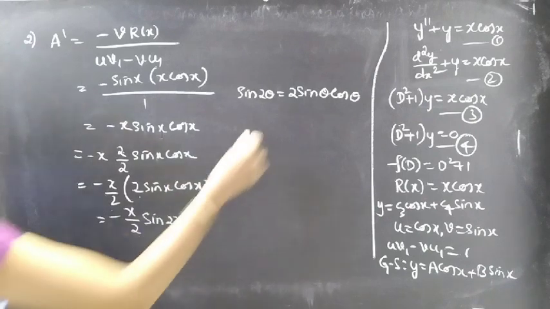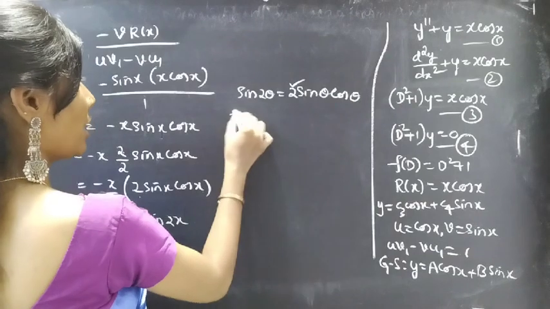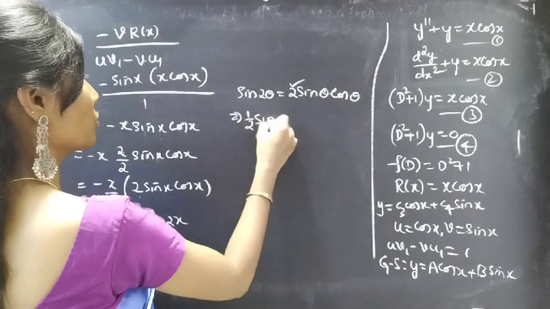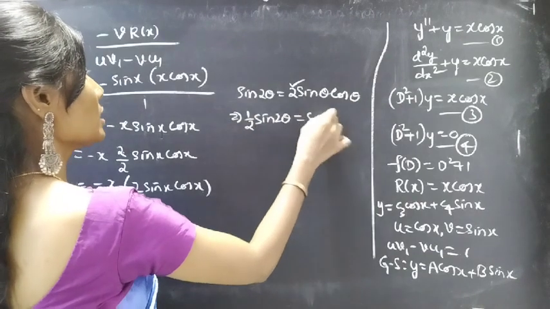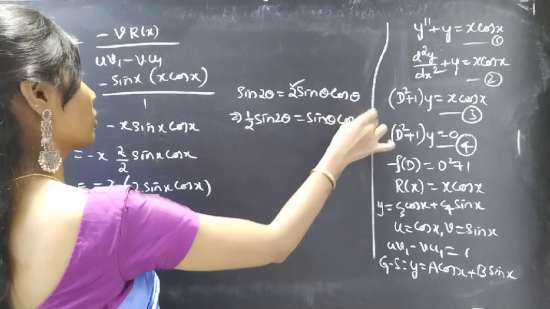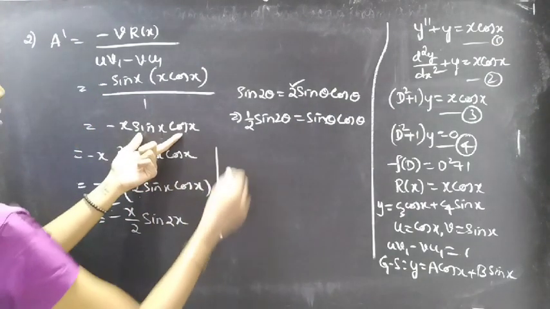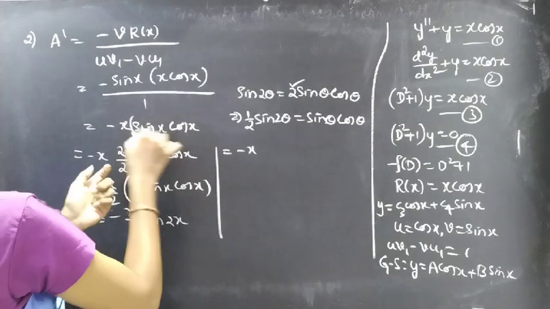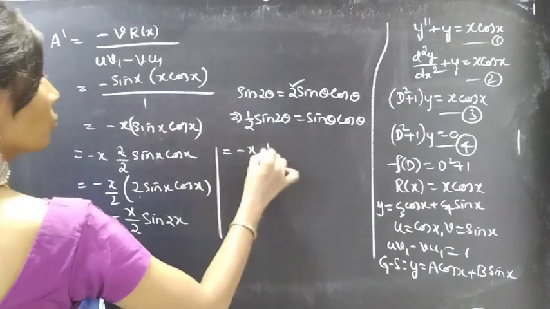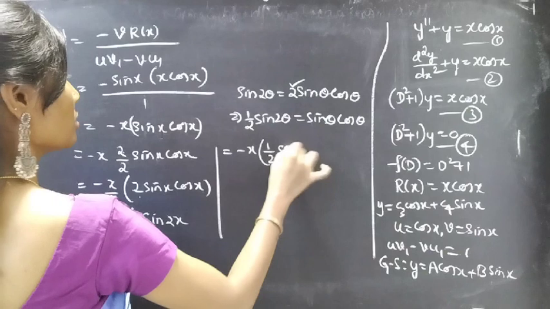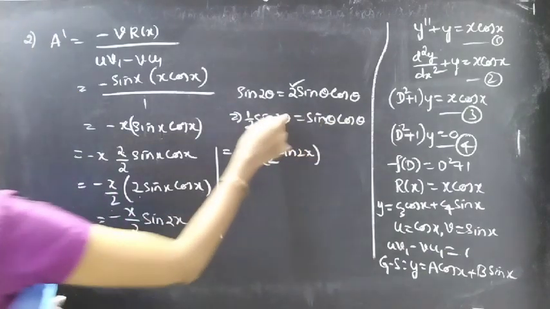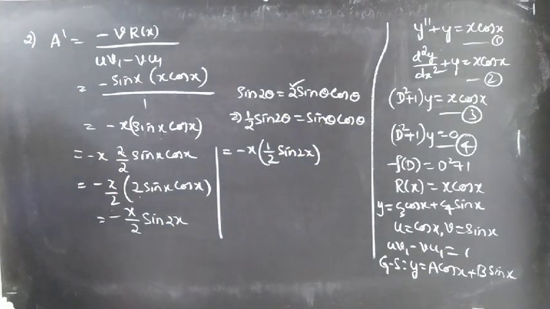Or we can just bring this 2 to the LHS. We'll get 1 by 2 sin 2 theta equals sin theta into cos theta. You can just directly replace sin x cos x with 1 by 2 sin 2x, since sin theta into cos theta is 1 by 2 sin 2 theta.